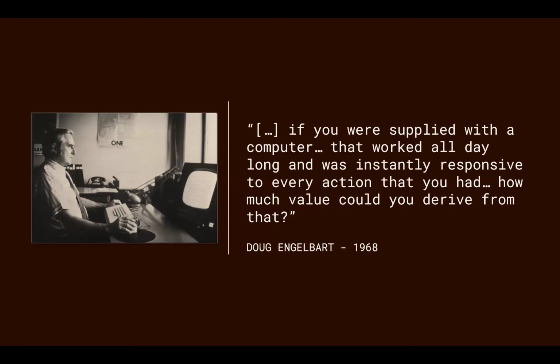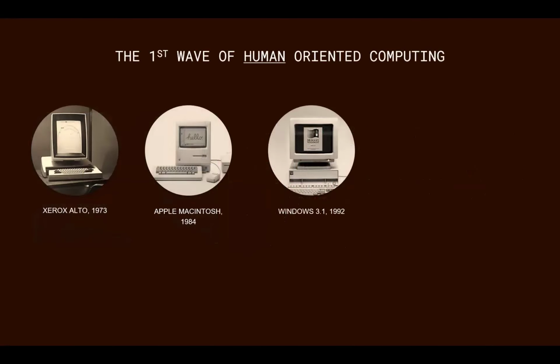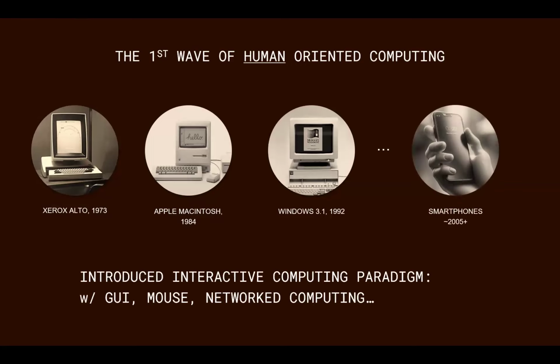In what's now called the mother of all demos, Doug Engelbart in 1968 introduced us to the first graphical user interface connected with a mouse, networked computing, printers, and even full video streaming. The descendant of that, which came along shortly after in 1973, the Alto, really is the great grandparent of the thing you have in your pocket today.